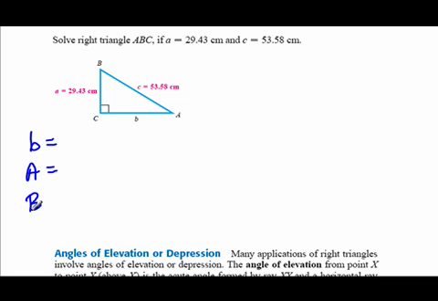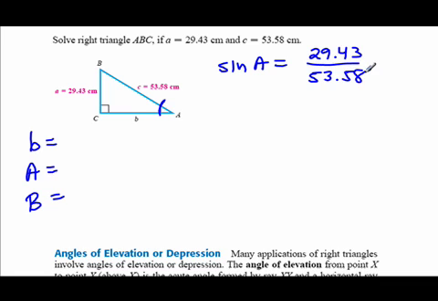So what trig function, guys, could I use with angle A that would also use the 29.43 side A and side C? Sine. So we're going to say that the sine of A equals 29.43 over hypotenuse 53.58. And again, I'm asking the calculator, what angle has a sine of this ratio?